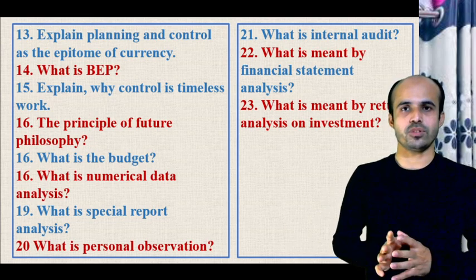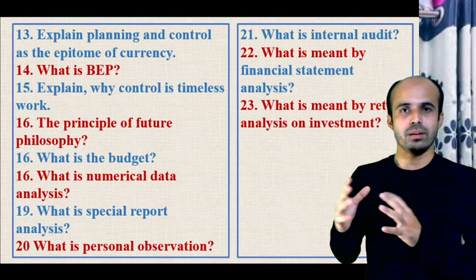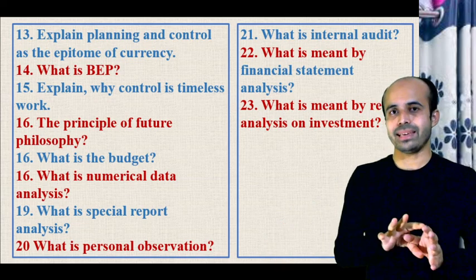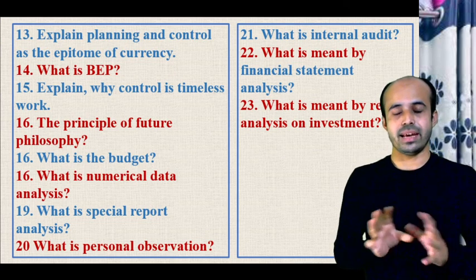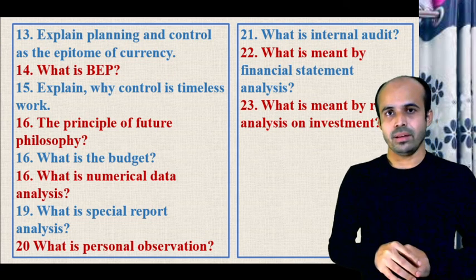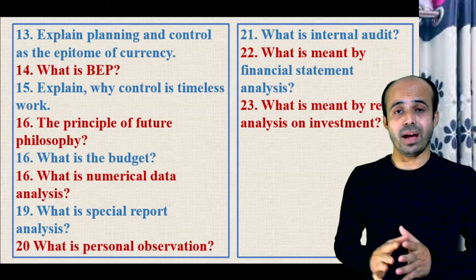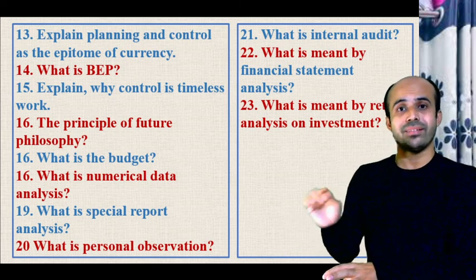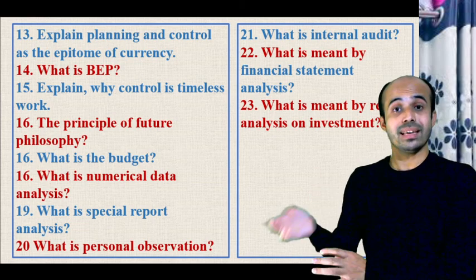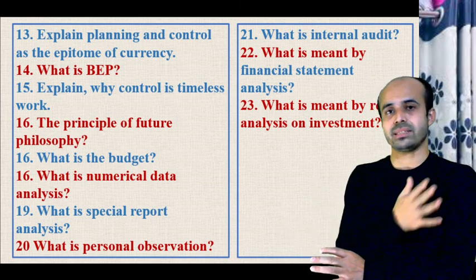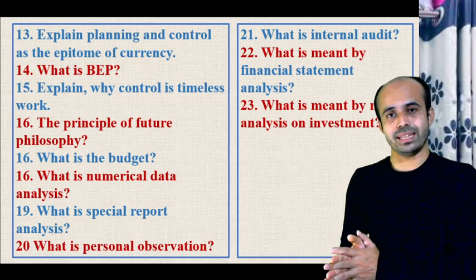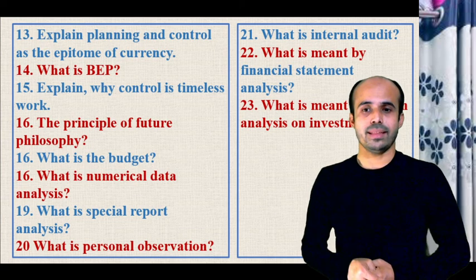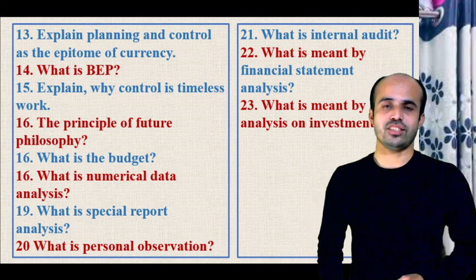This is the process where I try to control according to what I previously decided and the income estimate I previously made. When I invest accordingly, I try to control against the estimate I made in the past. If I do that control, it will be called the return analysis on investment.